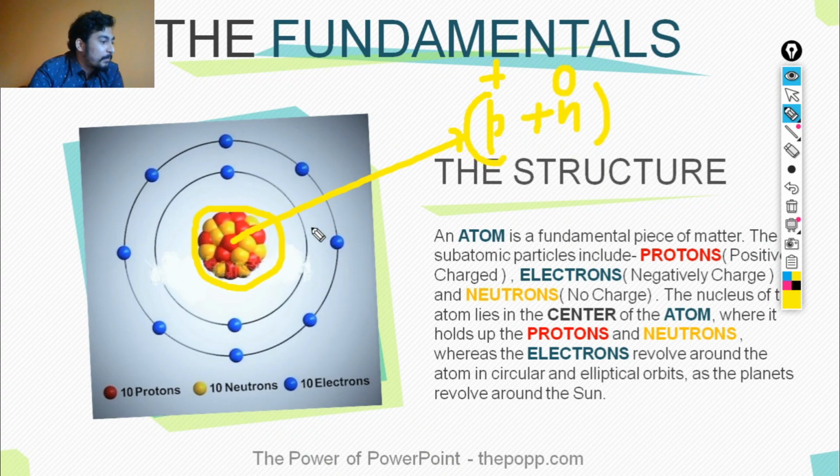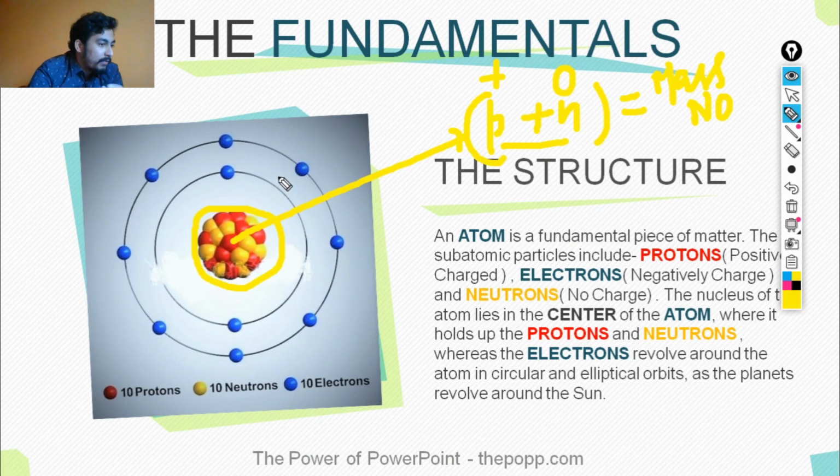So neutrons and protons are packed inside the nucleus. Together they are also known as the mass number. We are about to study this in a couple of minutes.